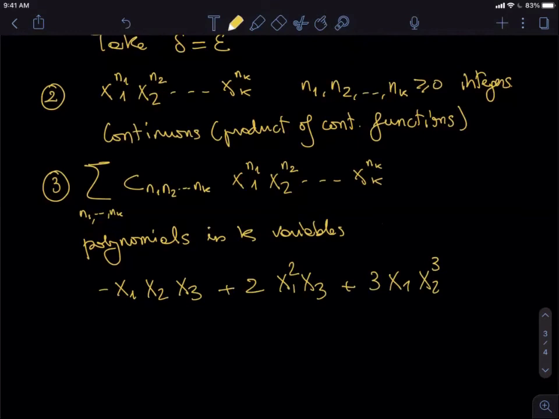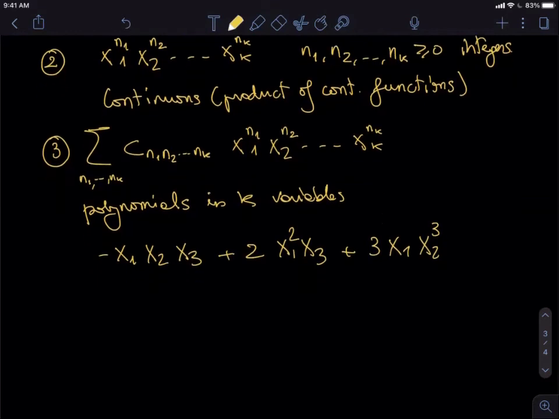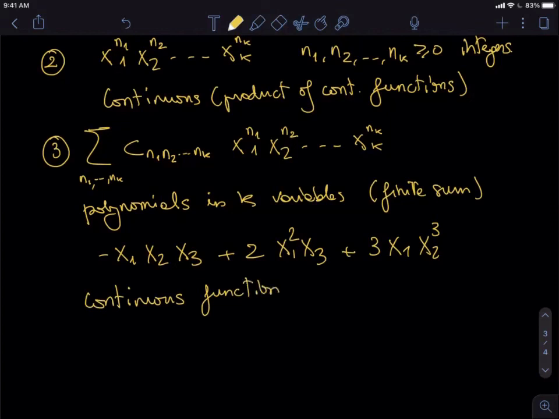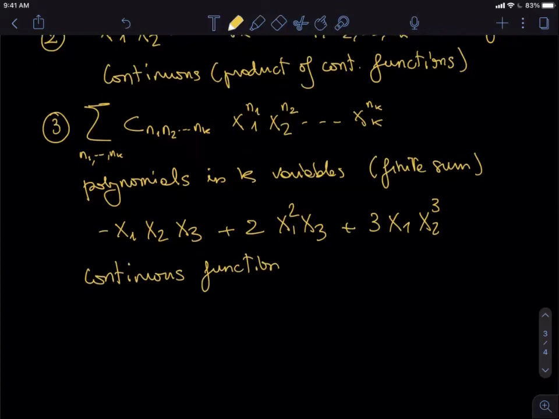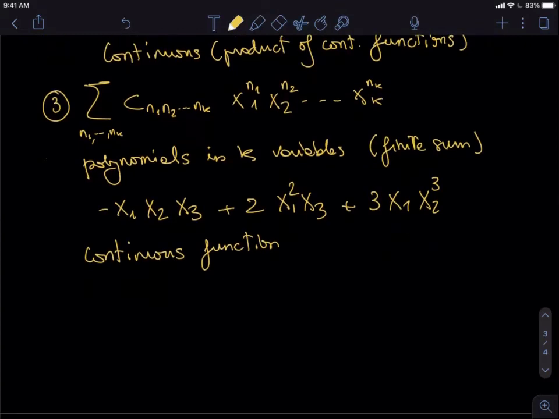Here the important thing is that as long as it's a finite sum, which means there is a finite number of terms, then it's a polynomial, then it's a continuous function, because it's a sum of continuous functions. The coefficients I didn't mention, but they don't have to be necessarily real. They can be complex numbers, no problem, and we will still get a continuous function.